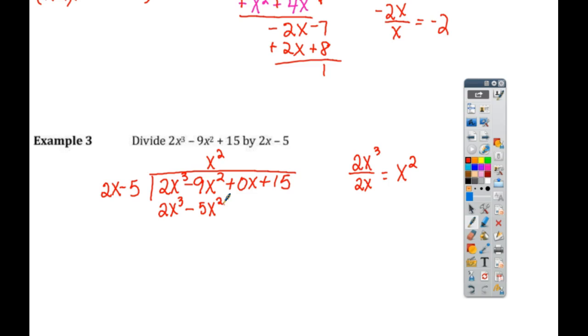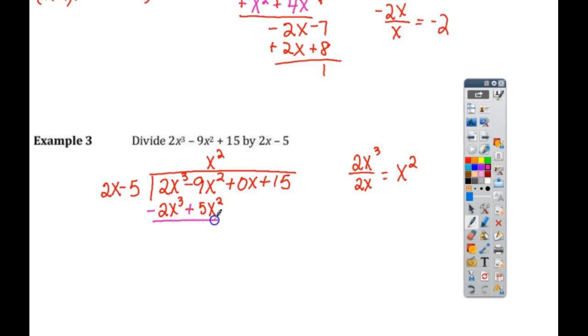And what do we have to do? Okay, so I have to change the signs, right? Because I'm going to subtract at this step. Is this what's confusing you, Trace? Changing the signs? This is okay? All right.